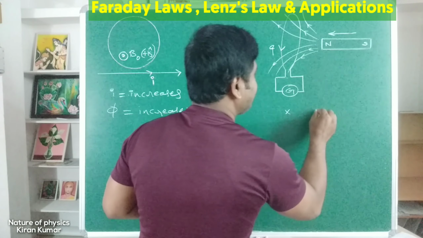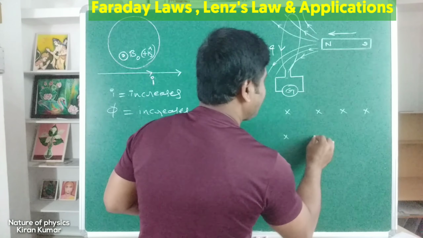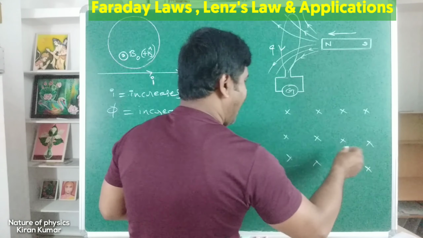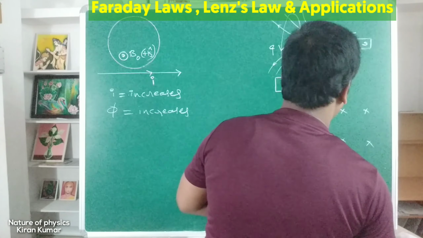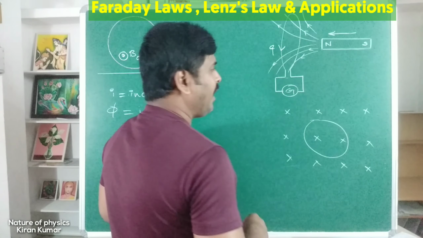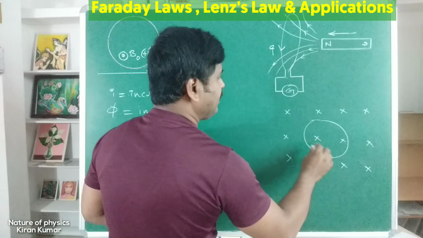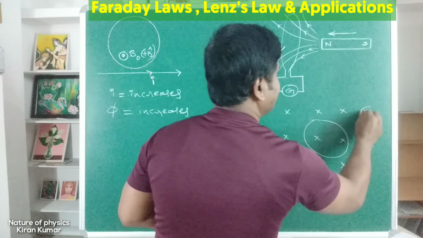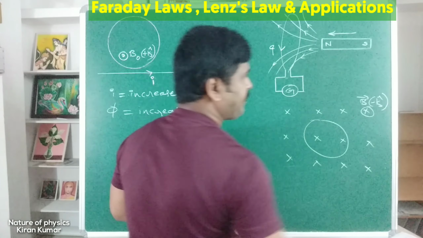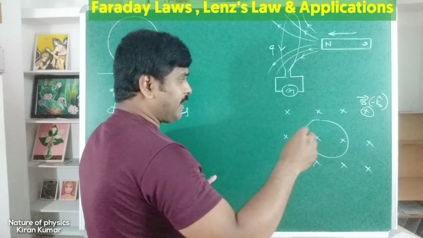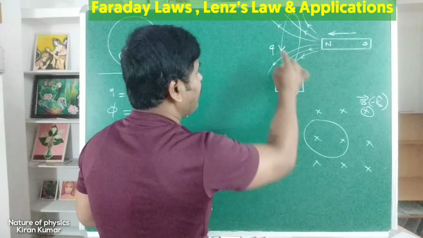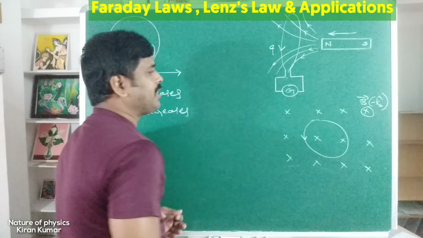The magnetic field is into the paper, and this is the circular coil. Here the magnetic field direction is into the paper, B bar, that is minus K cap, and the current direction, which we have to identify, is anti-clockwise.